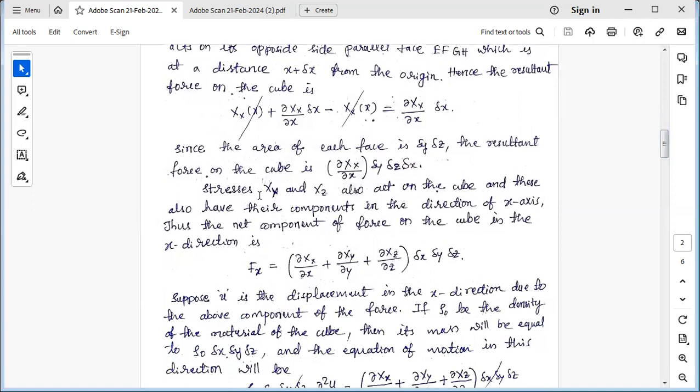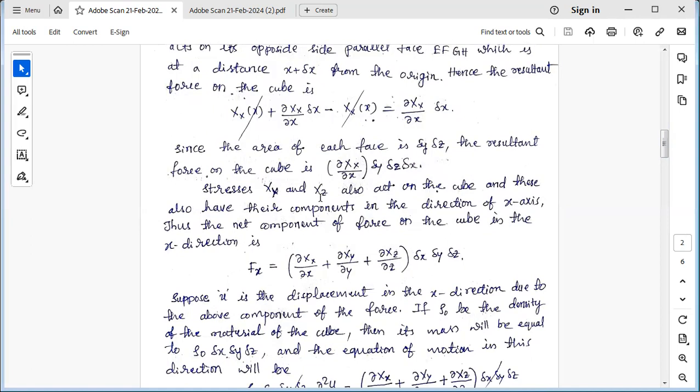So stresses xy means the stress on the other face, which is in the y direction, and another stress in the z direction.